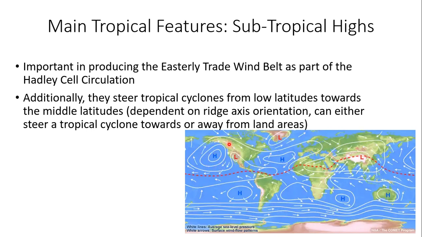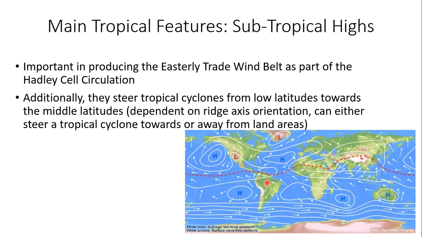So subtropical highs are very important as far as establishment of a predominant easterly trade wind across tropical areas on Earth, whether we're talking northern hemisphere with the northeast trade winds or the southern hemisphere with these southeast trade winds. And they are a very critical portion of heat balancing in the atmosphere on the Earth as a whole.